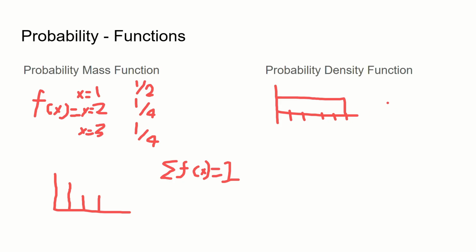And for this, the area of the entire probability function will have to be equal to 1. This will be more calculus stuff, but generally if we integrate the probability density function from negative infinity to positive infinity, this is essentially saying the area under the curve of the entire probability density function will have to be equal to 1.